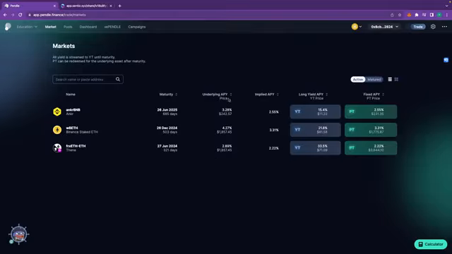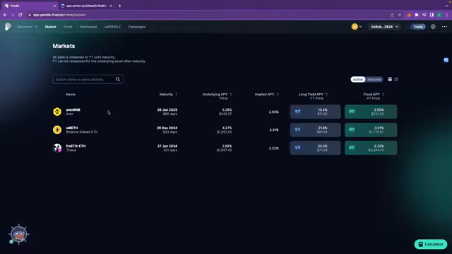Again, right? Implied APY is the most important number to look at. Well, because implied APY is the price of YT, right? So if the price of YT is low, it's a good time to buy. That means we want to look for cheap implied APY or undervalued implied APY to buy YT.